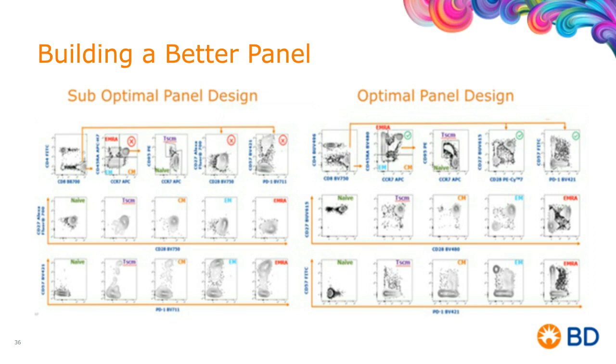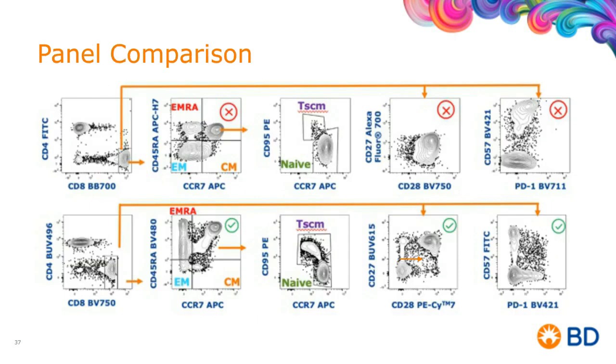So we show both of them up. The upper one is the not so good panel, and down below it's much better. And you can see that separation from multiple ones. You can see in the MRAS how those populations just are pulled apart. We can see in the TSCM population significant changes here.